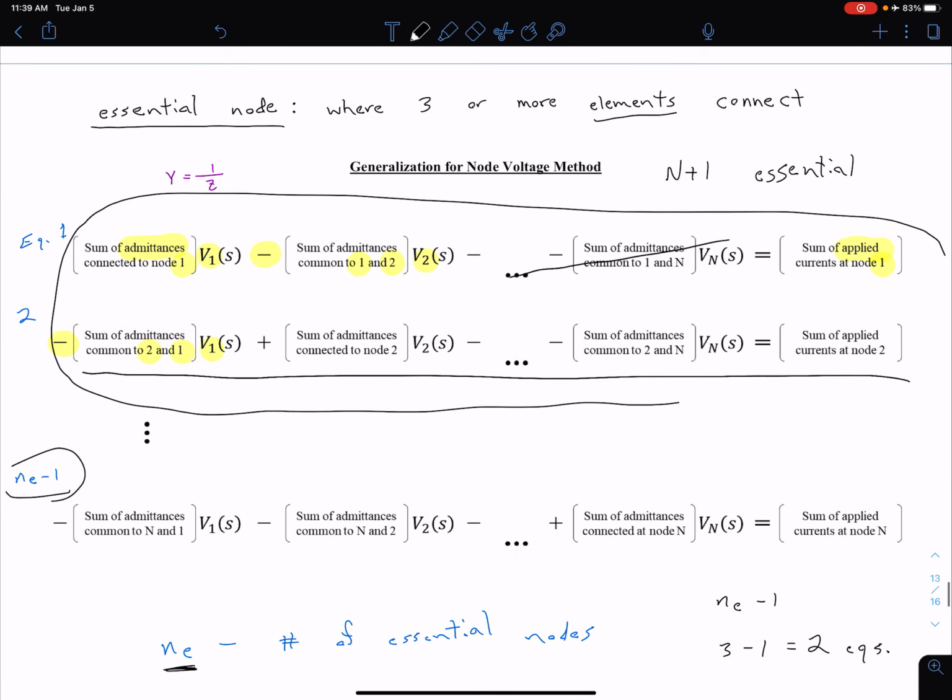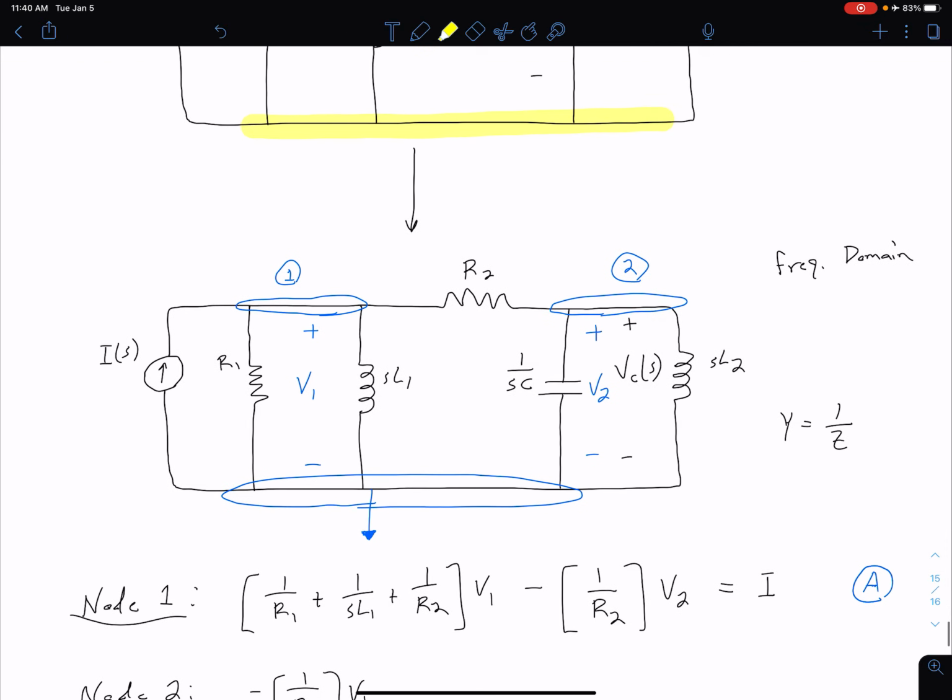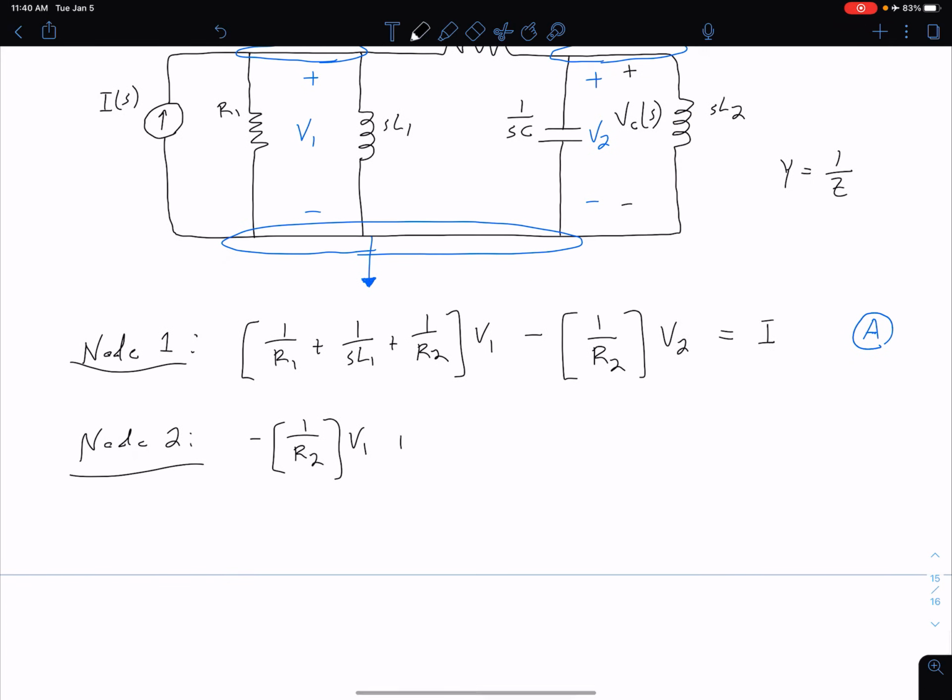Our next term is going to be adding, so we're adding the sum of admittances connected to node 2 times V2. So coming back to our circuit, connected to node 2, we have R2, we have this capacitor, and we have this inductor. So we're going to need the admittance of each of those three items. So again, we're adding.